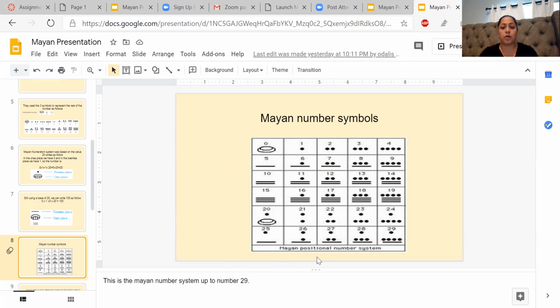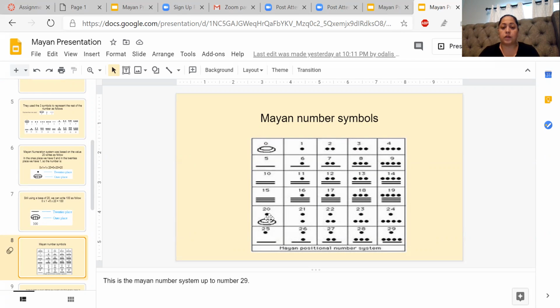So the Mayan number symbols we talked about before, all the way down to the number 20: 0 was represented by the shell, 1 was represented by the dot, and the number 5 was represented by the line.